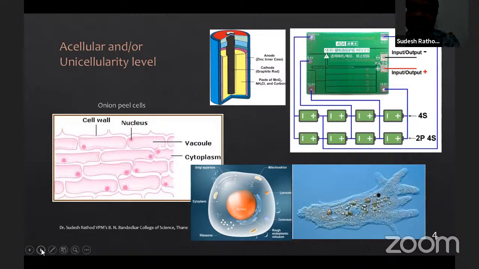You might have heard about the cellular jail. Jail means what? A jail which is compartmentalized into small rooms, where the prisoners are kept.